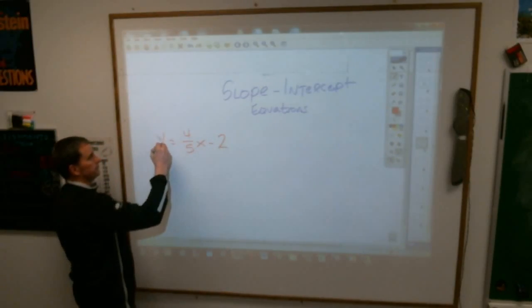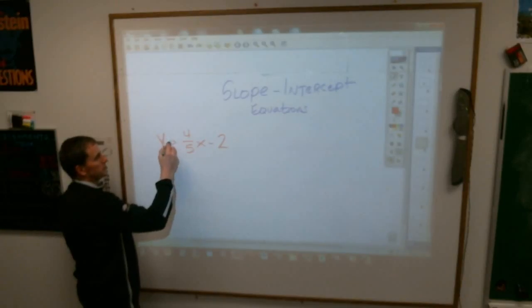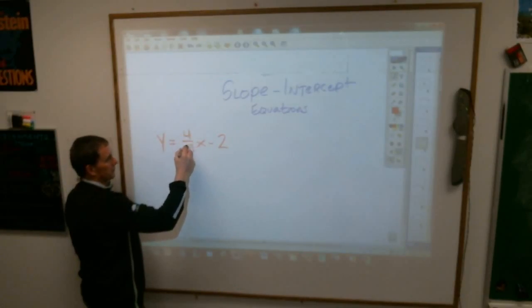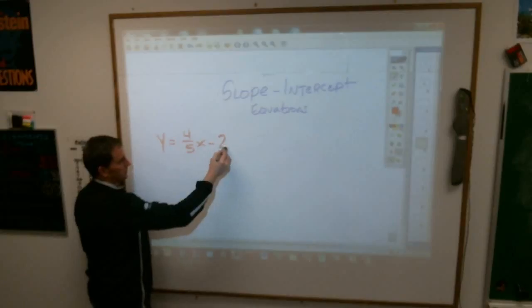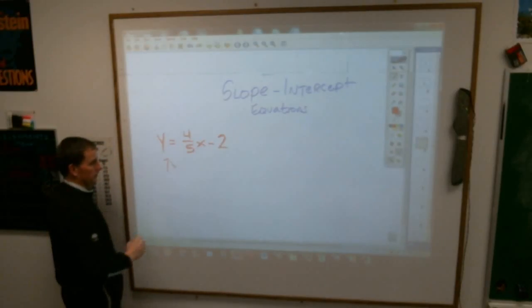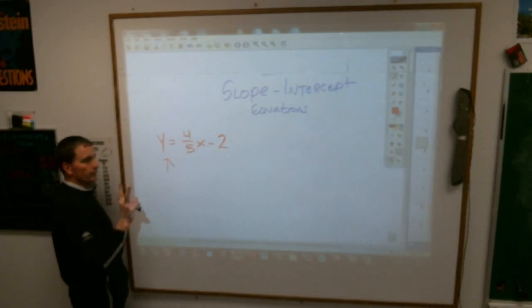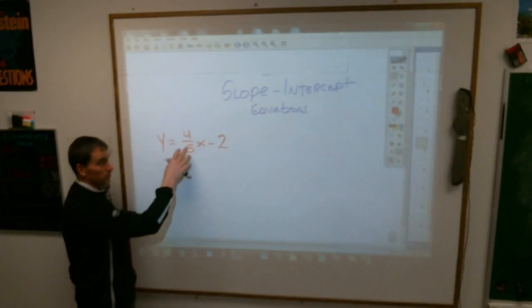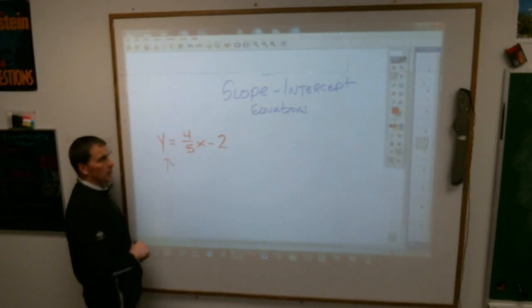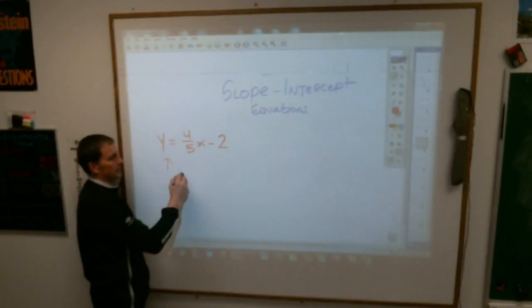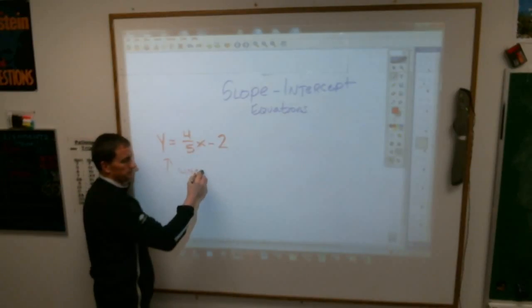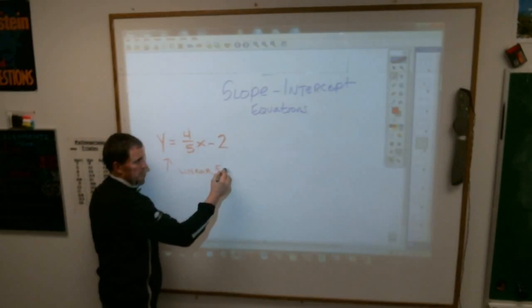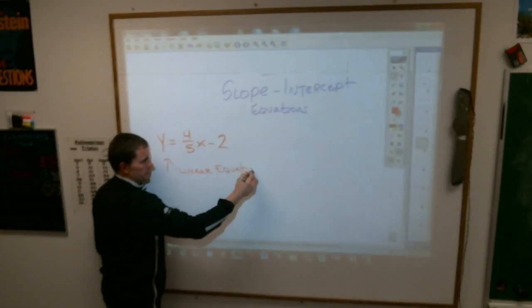Anybody remember that problem? This little bad boy right here, when you've got two variables, usually we use x and y for these things, we call that a linear equation.